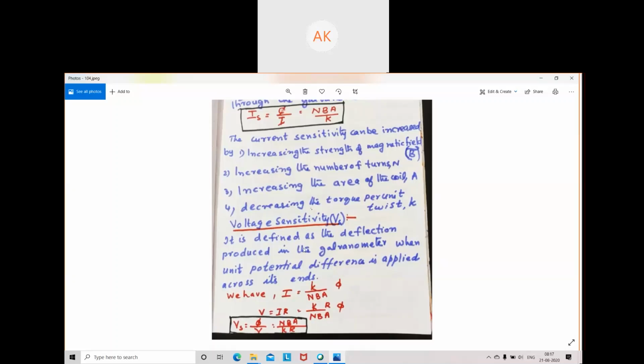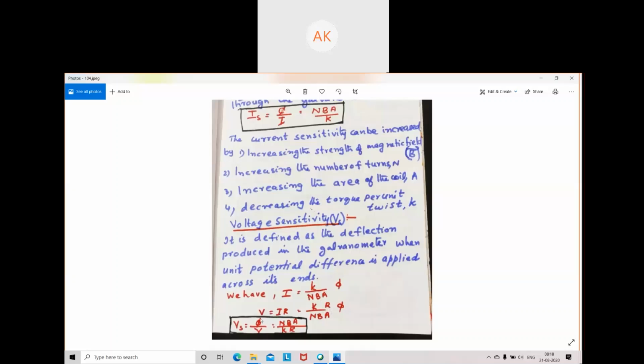It is defined as the deflection produced in the galvanometer when unit potential difference is applied across its ends. NIBA equals K phi. From that equation, I equals K by NBA into phi. We know V equals IR according to Ohm's law, so V equals I into R, which gives K by NBA R into phi.